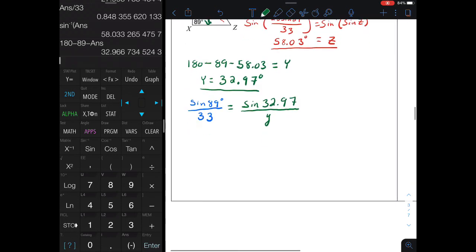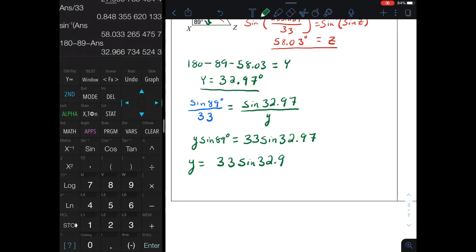So I'd cross multiply here. So we'd have Y times sine of 89 degrees equals 33 times sine of 32.97. And then I divide by sine of 89. And that's going to give me Y, which would be the last missing part of information. Now, again, we have the entire decimal of 32.97 in our calculator, so I'm not using the rounded one.